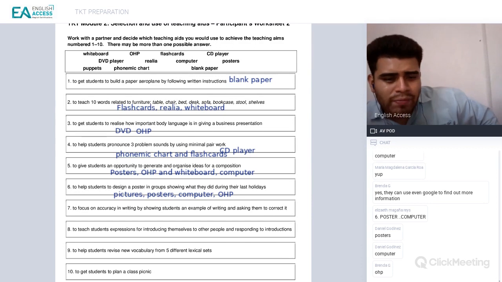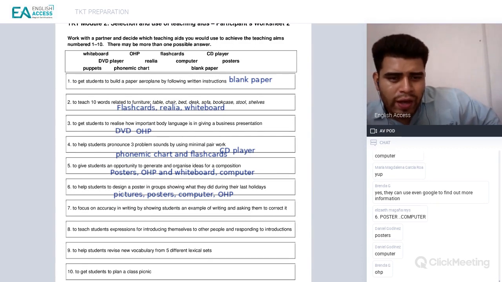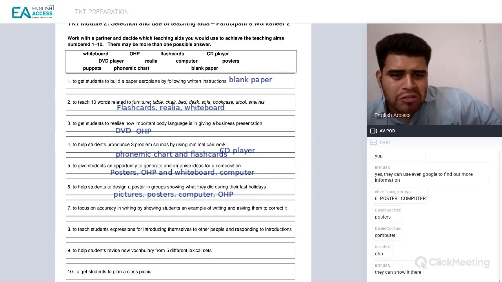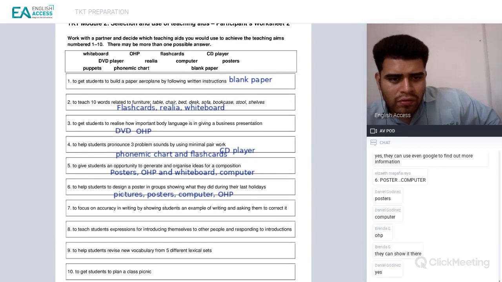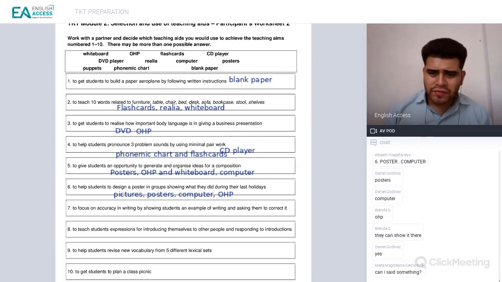Help students to design a poster in groups showing what they did during their last holidays. Okay? Yes, all of this is good.